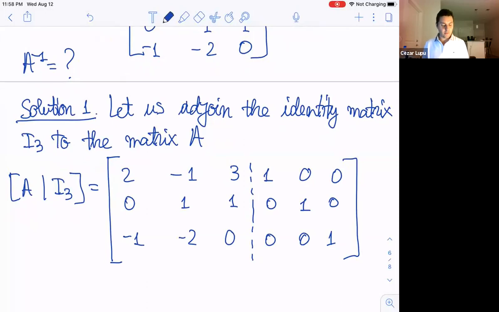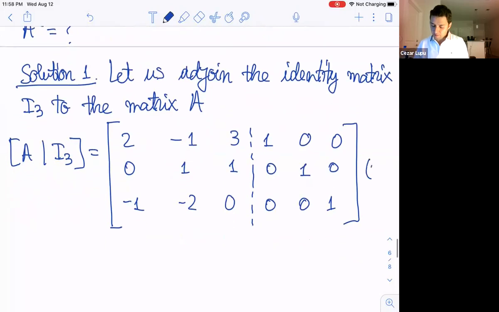Now I have to perform elementary operations. First, let me say that this is not a square matrix, it's a 3 by 6 matrix. As you can see, it has 3 rows, 6 columns. And now I will perform elementary operations in such a way that I will get the identity on the left, and on the right I'll get another matrix, which will be nothing else than just the inverse of A. Okay.